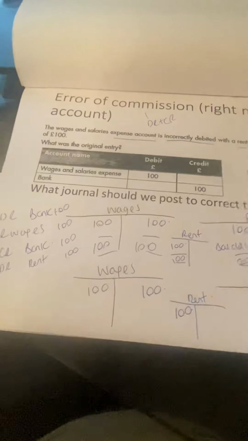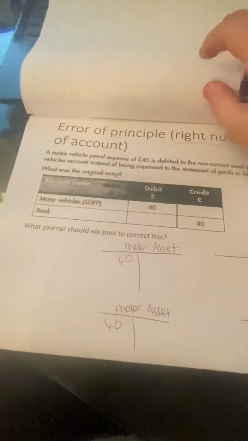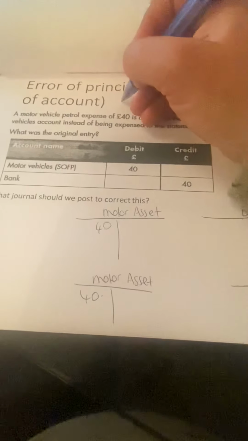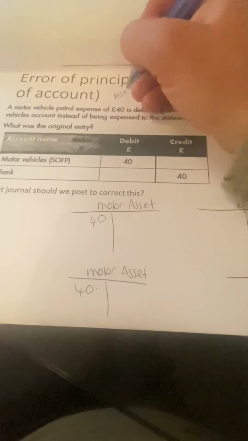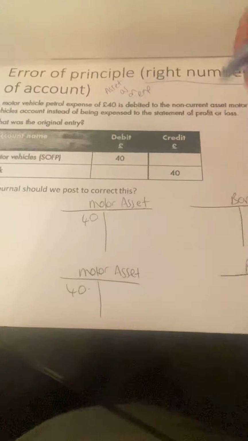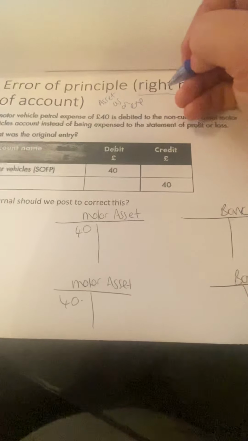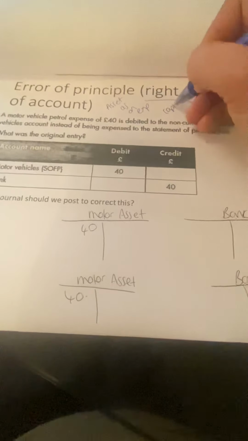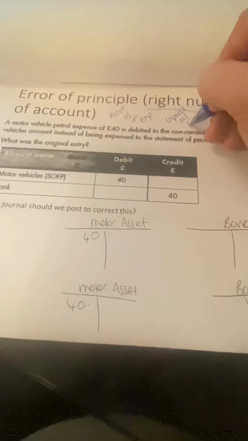What we're looking at here with the error of principle is the wrong type of account. So for example, if you were to put an asset as an expense, for example, or if you were to put capital as a sale, for example.